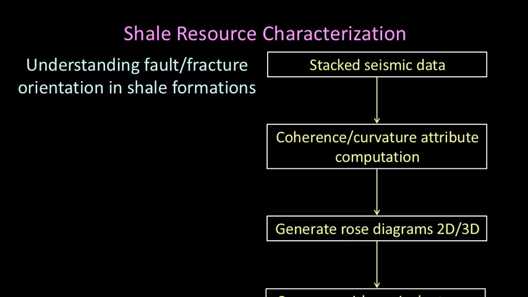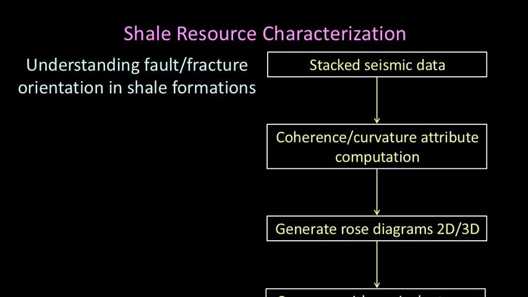You have to precondition your data, make sure you have the proper bandwidth and the proper type of algorithms, and have the dip steering option switched on, and things like that. So we'll just take it for granted you are aware of all those things. Coherence and curvature are really good attributes, especially if you use algorithms like the eigen decomposition type of coherence algorithms.